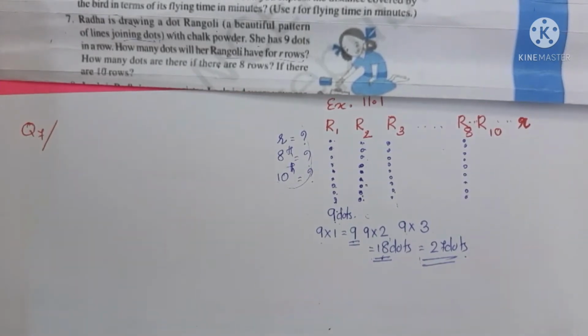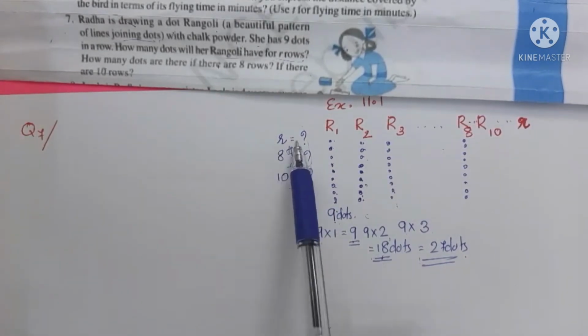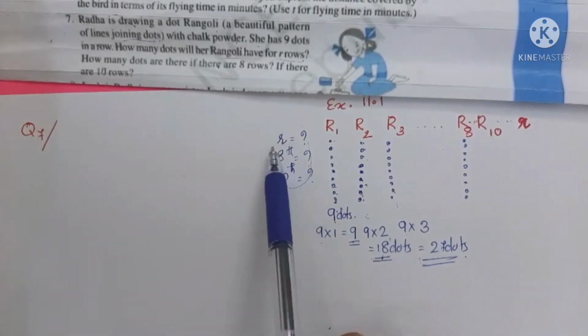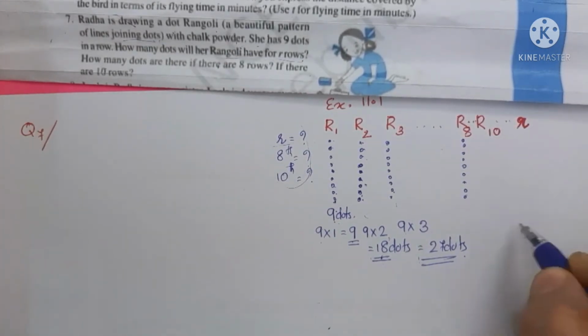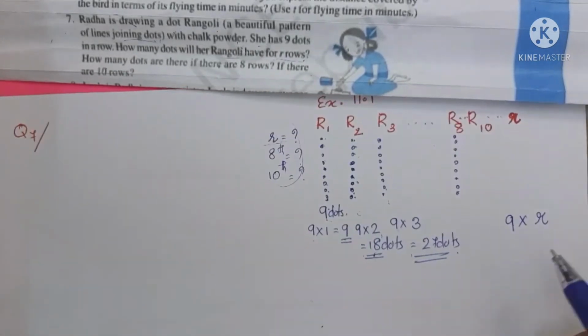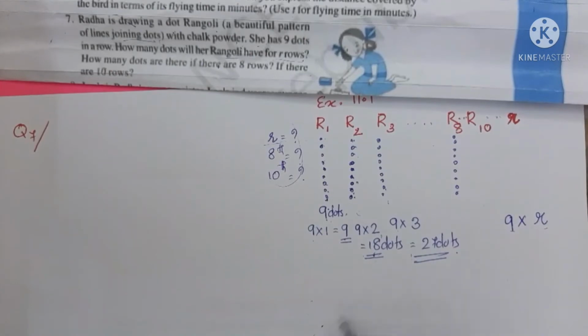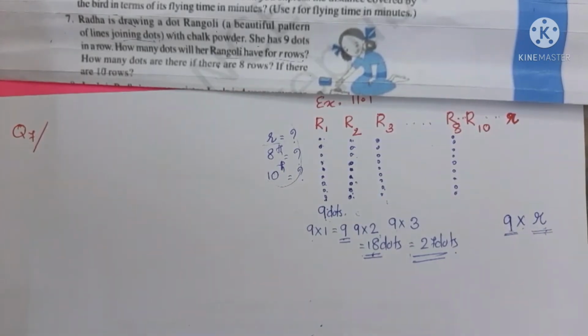So, we can find the total number of dots in R rows. Okay. R rows. So, how will it be solved? That is 9 into R. Why 9 into R? Because 9 is the number of dots in one row, and R is the number of rows. Okay.